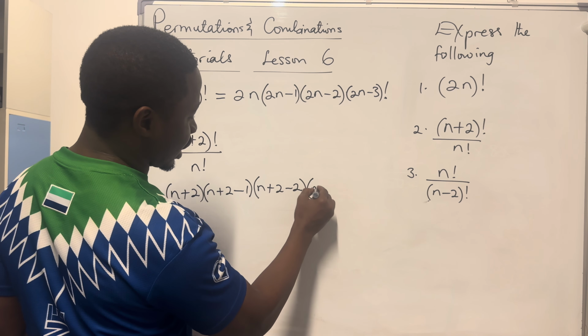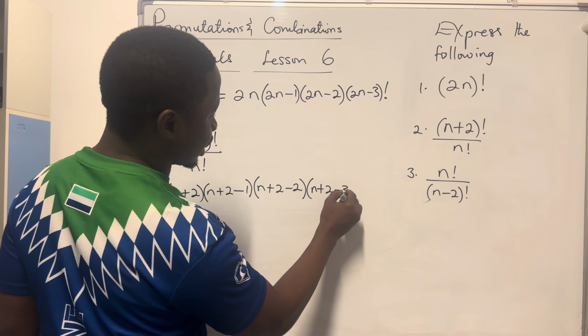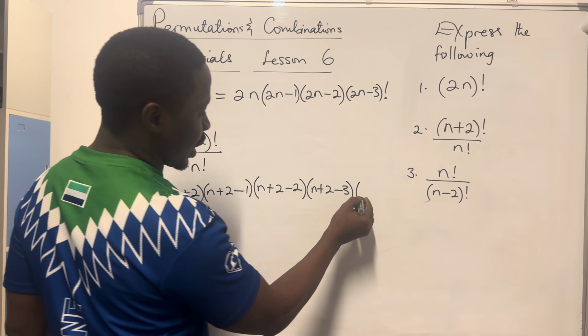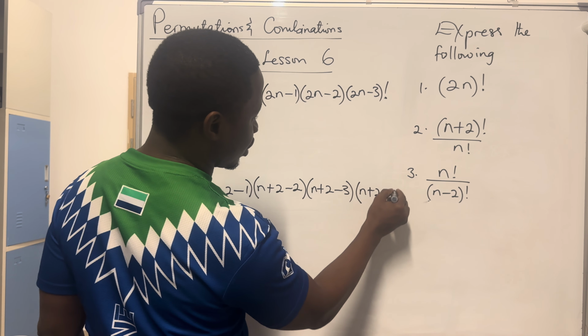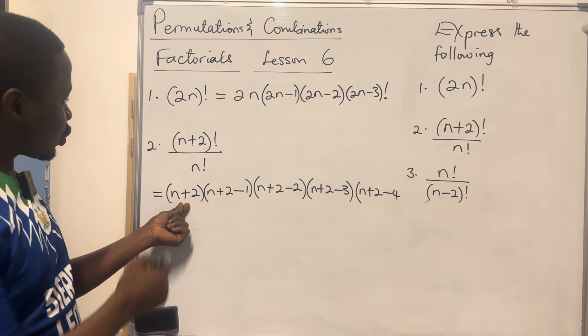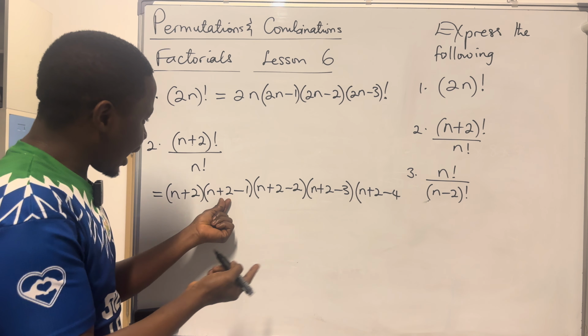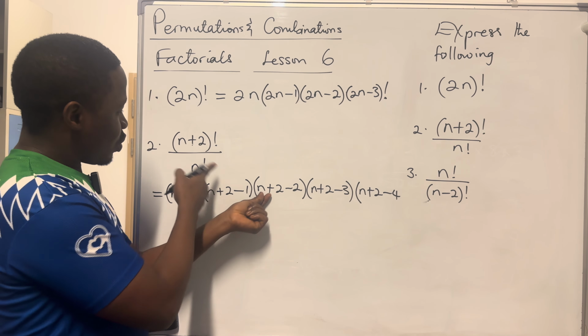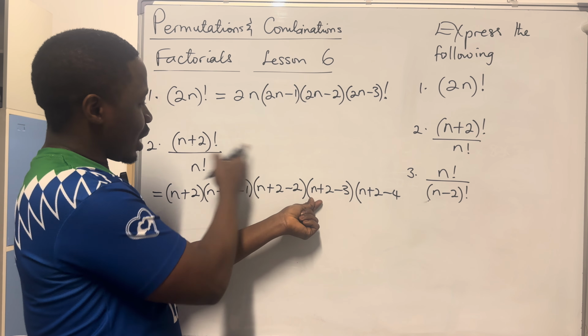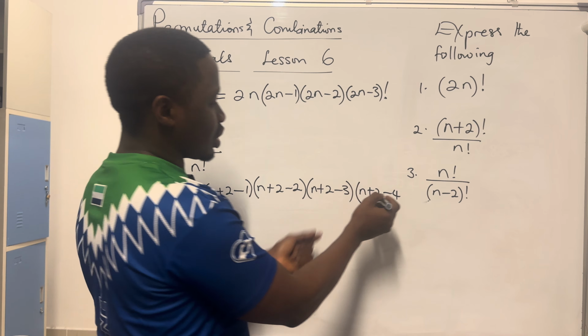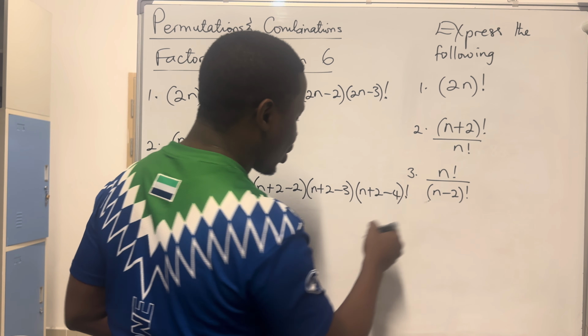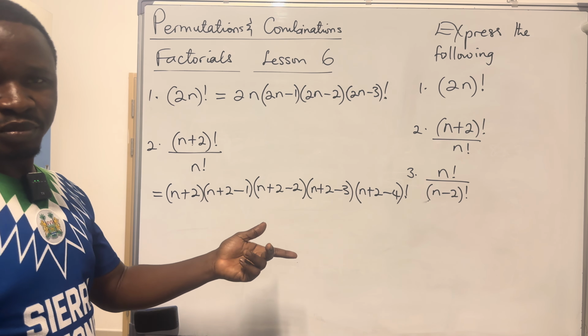What we are given, which is n plus 2 minus 3. What we are given, which is n plus 2 minus 4. What we are given has to be outside. Now you start: what you are given minus 1, minus 2, minus 3, minus 4. Let's stop here. But the question is when to stop.